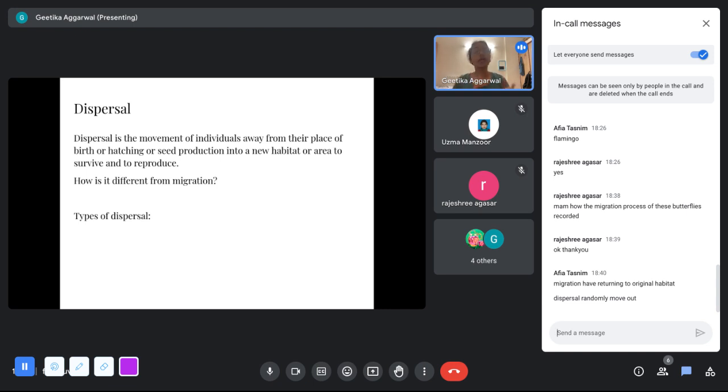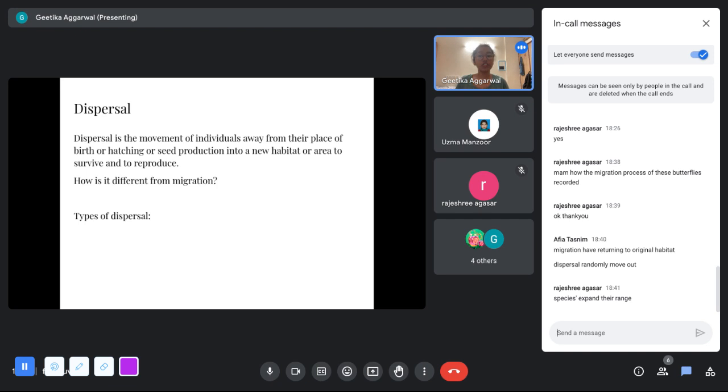It can be to avoid competition from the pre-existing species in that area. Yes, the species is expanding their range. That is also correct. So you get out from your initially occupied area so that you avoid competition from conspecifics found in that area, and now you'll colonize a new area. And these species cannot keep on expanding their range forever.